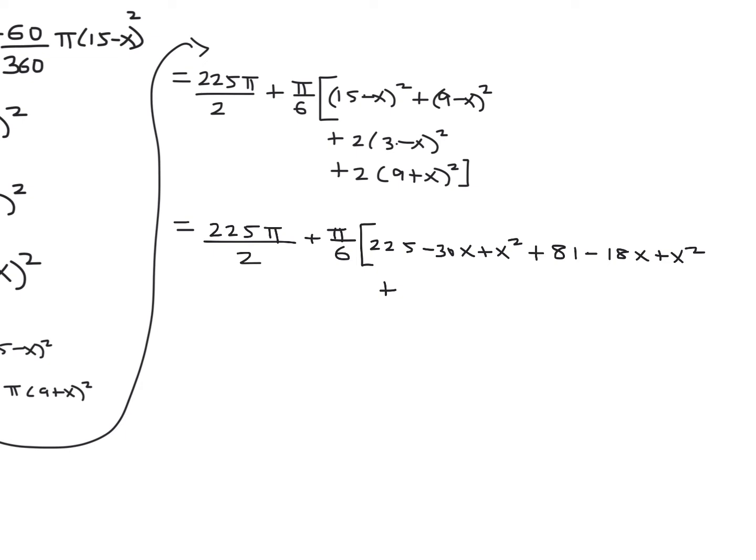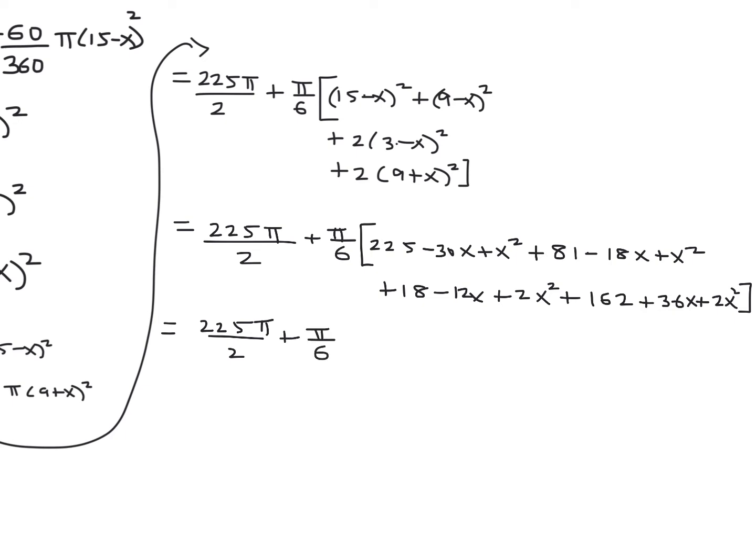And when you do, it'll be 18 minus 12x plus 2x squared. And the final one, this guy, will be 162 plus 36x plus 2x squared. Okay, not so bad. 225 pi over 2 plus pi over 6.